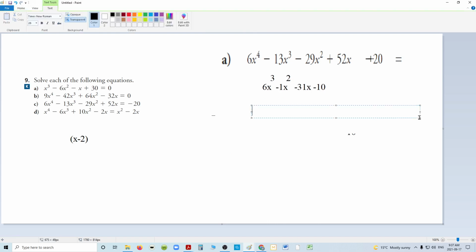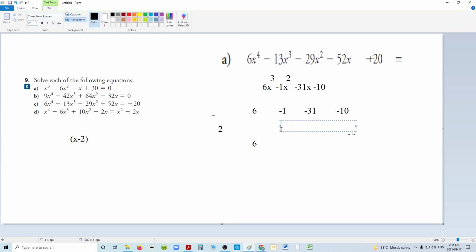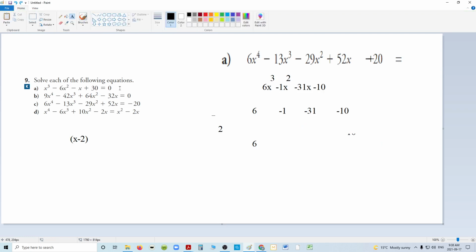And we just checked 2, so we should check minus 2 as well. And you can possibly have 2 twice as well. Just out of curiosity, we're going to check 2 twice. No. And we're going to check minus 2.